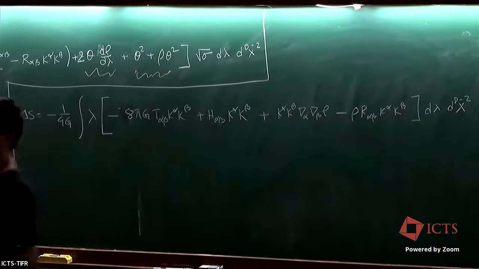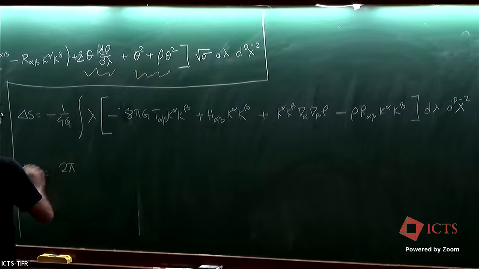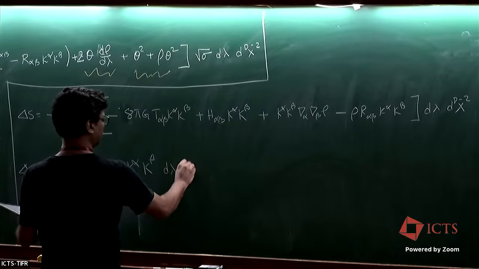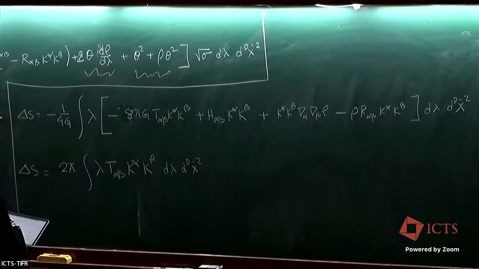All of these terms will be 0 if I consider GR. In GR, H is 0 and rho is 0. So let's see what I get. Delta S is equal to 1 by 4G times 2 pi, integral lambda T alpha beta K alpha K beta d lambda d minus 2x. This is the first term.